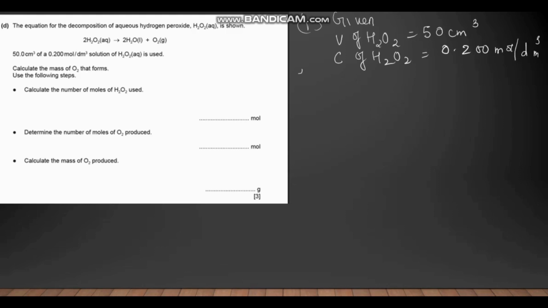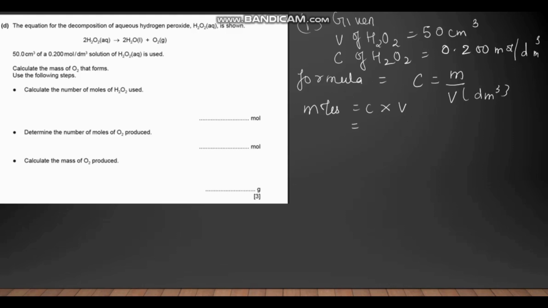Now the formula which I'm going to use over here is concentration equals moles by volume. As I have to calculate the number of moles, moles will be concentration multiplied by volume, and this volume is always in dm³.